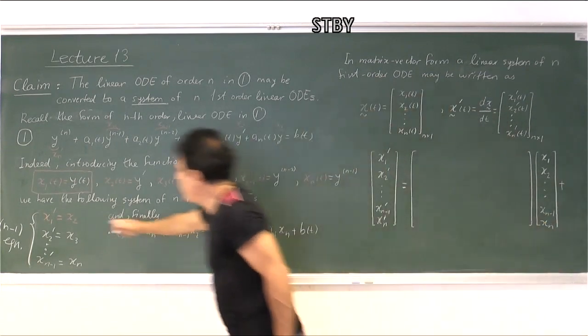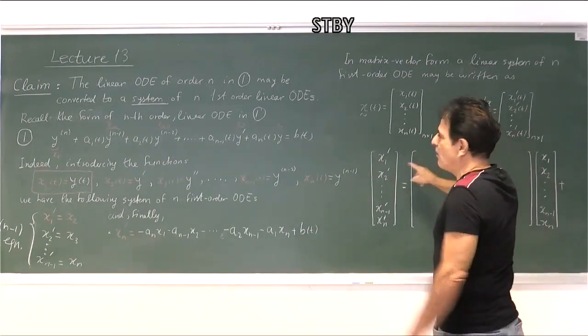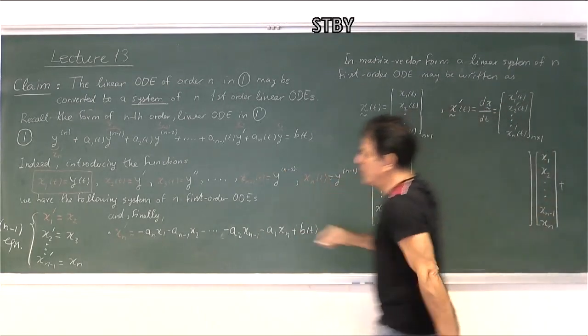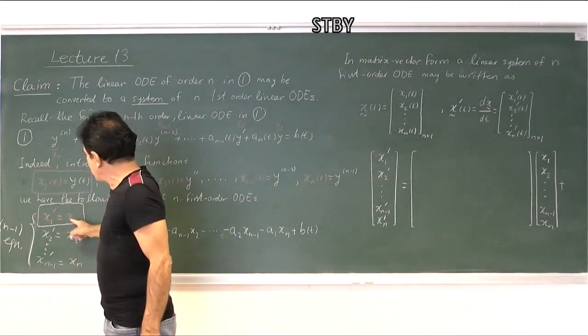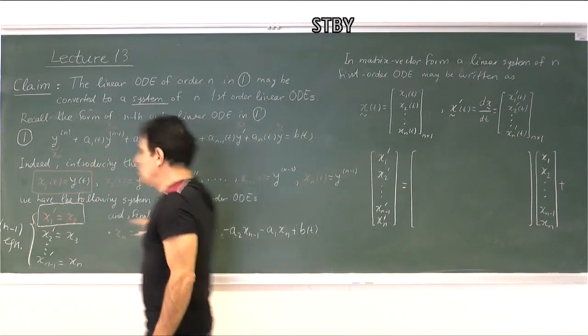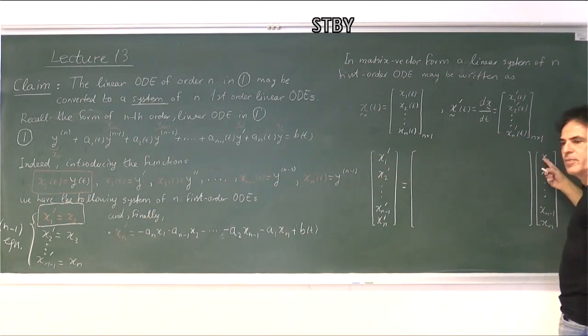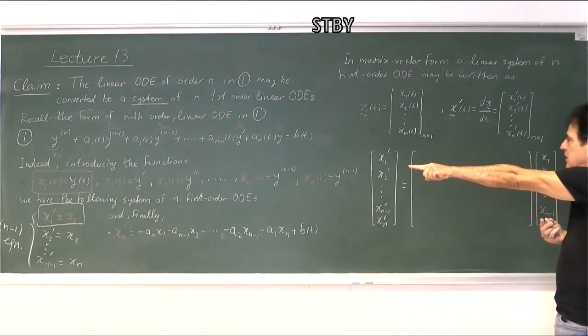So, to obtain the first equation, we recall the matrix vector product. Look at the first equation. There is no x1 term. The right-hand side is just x2. So when we perform the matrix vector product here, we have to get the first equation of the system.